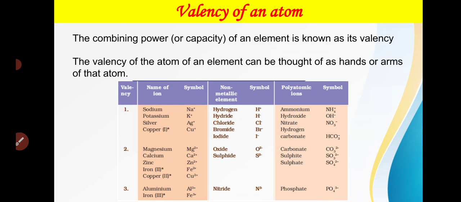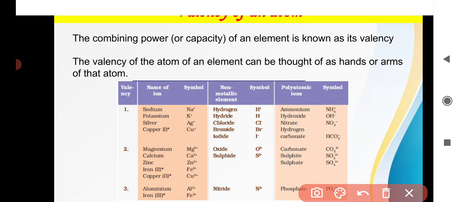Valency of an atom is the power of that element to combine with any other substance. If you want to see the capacity of oxygen to combine with any other element or atom, you can come to know that it has a valency of 2 because it can bind with two different hydrogen atoms.